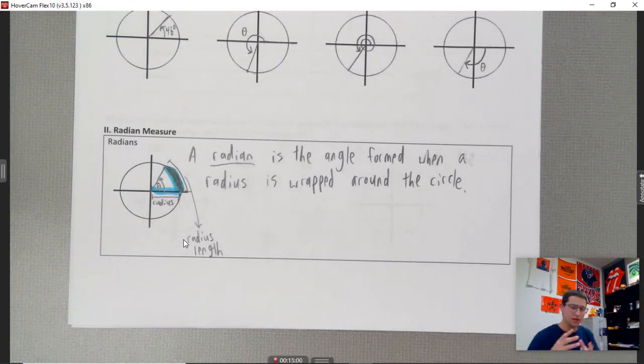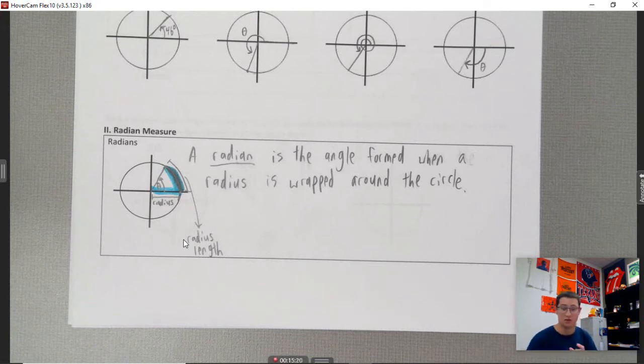Just giving you a heads up, if we go all the way around in a circle, we've traveled from 0 to 360 degrees. We need to find what that corresponds to with radians, because that's going to be the conversion point.